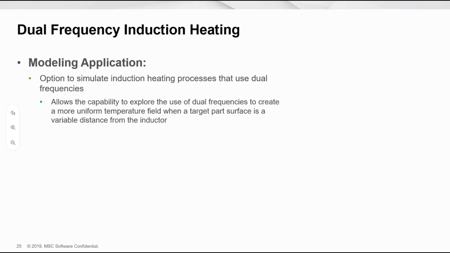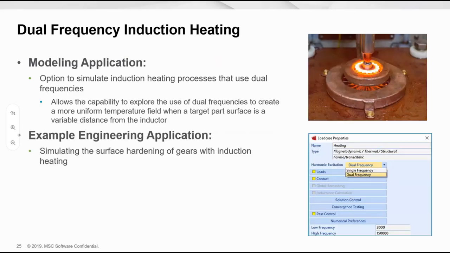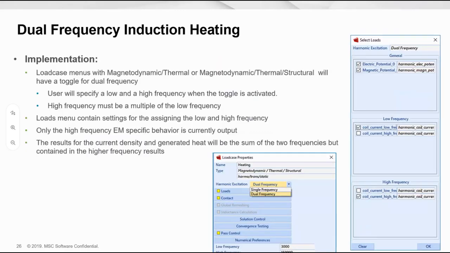The reason we added dual frequency is that when you have a complex part shape and variable distance on the outside edge, it can really benefit to use multiple frequencies, as the frequencies can dictate the temperature and heat pattern on the part based on distance. The most common application for this is gears. If you have surface hardening of gears with the induction heating process, dual frequency definition can be extremely helpful. Next we will talk about the implementation of this workflow specific enhancement.